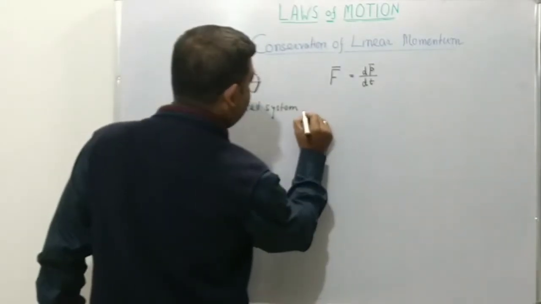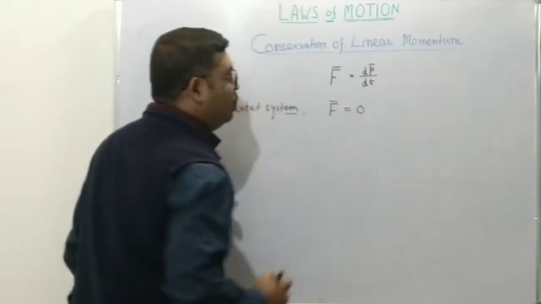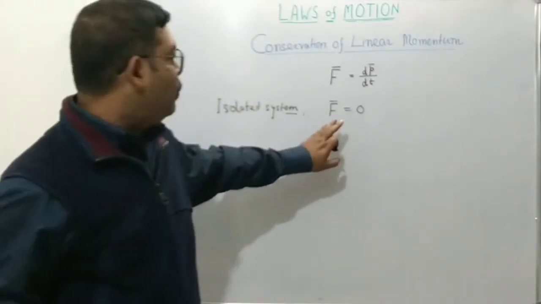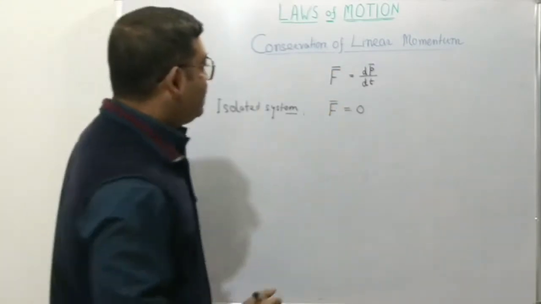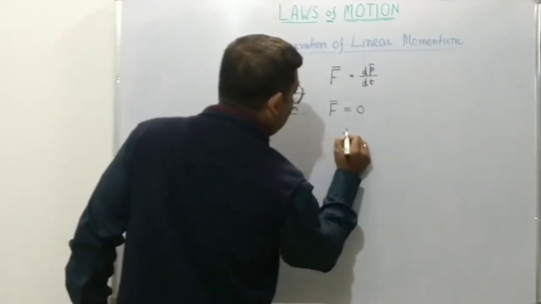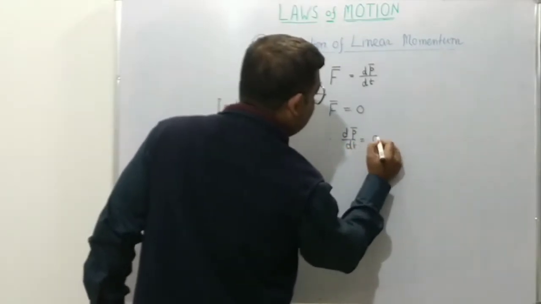In other words, for an isolated system, force is equal to zero. There is no unbalanced external force, so no net force acting on the system. In that case, we must have dp by dt equals 0.